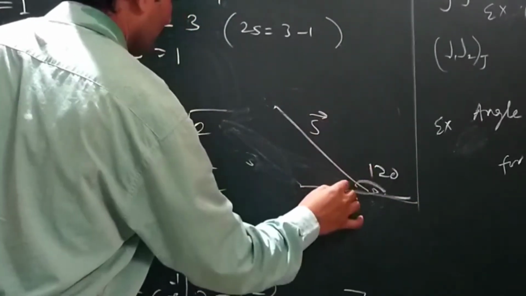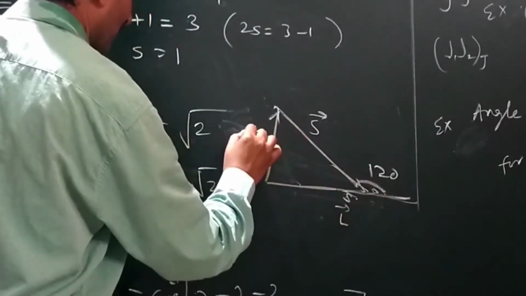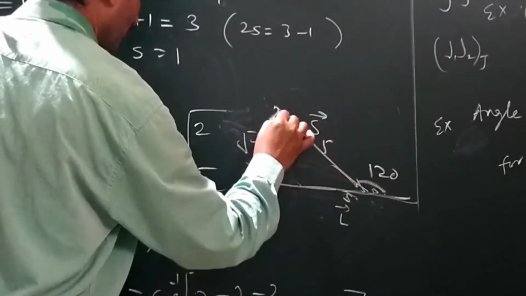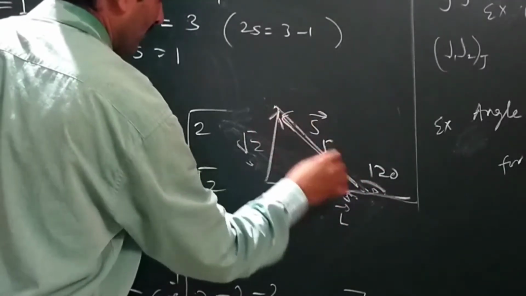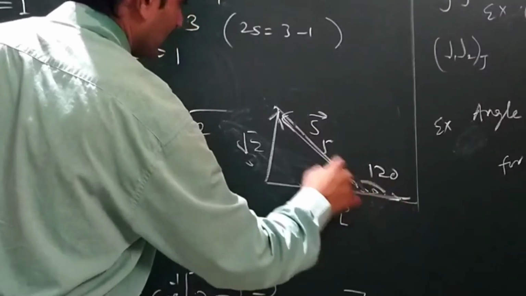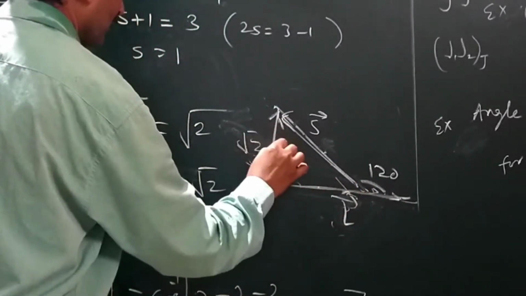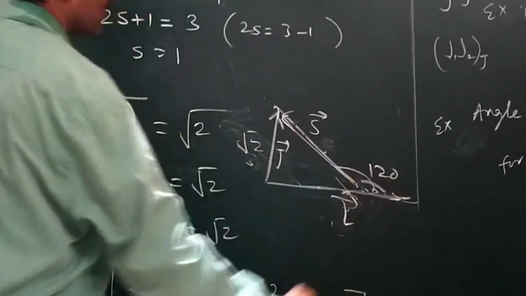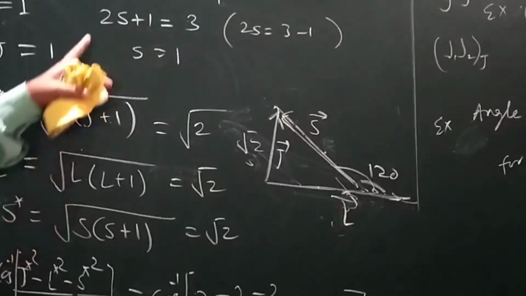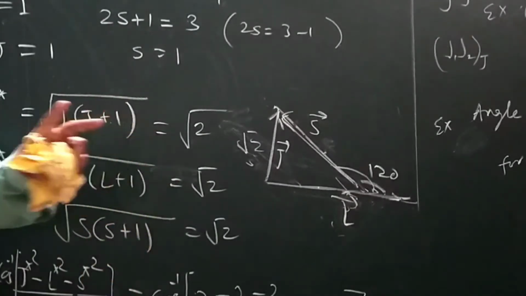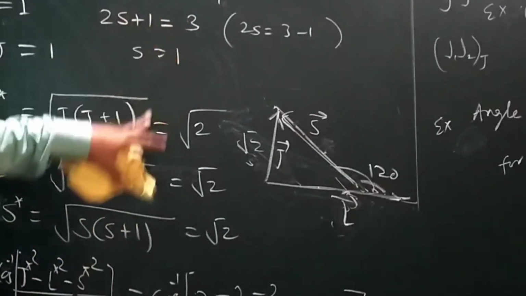This is the value of S and the value of J. All these values are root 2. So this is the angle between the direction of L and the direction of S, and this is the value of J. That value is 120. So like that we can calculate the angle. This is enough for today.